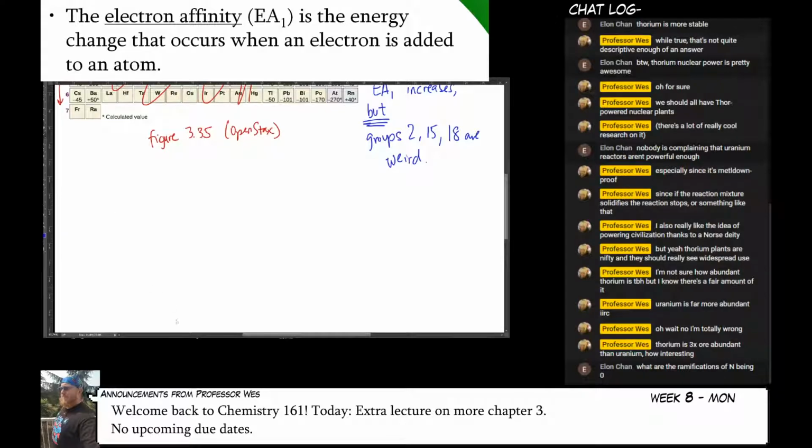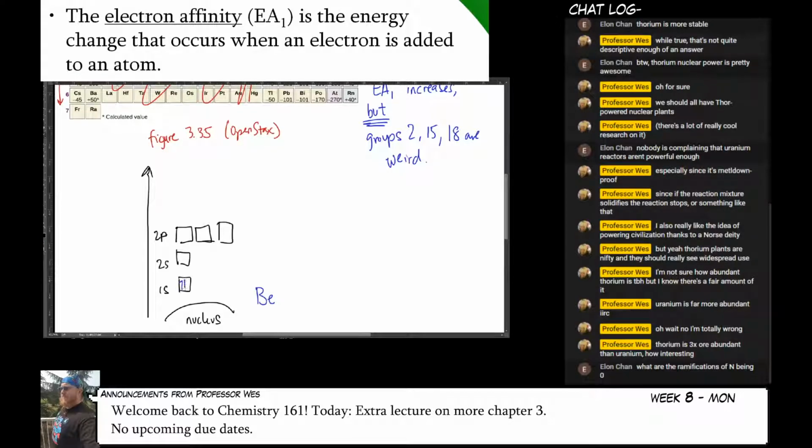If I draw the electron configuration diagram for a group 2 element, so for example, I gotta write P in there. All right, so let's look at, say, beryllium.